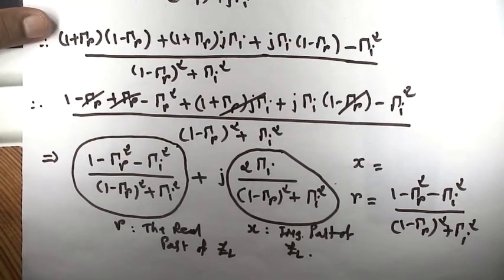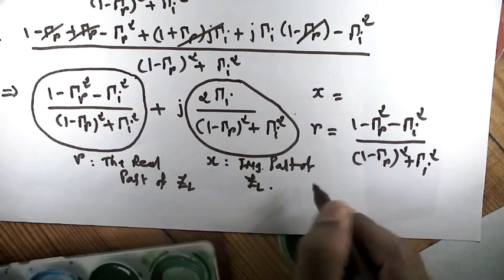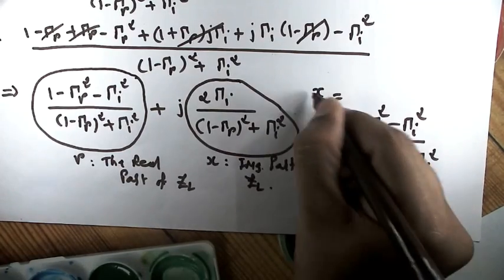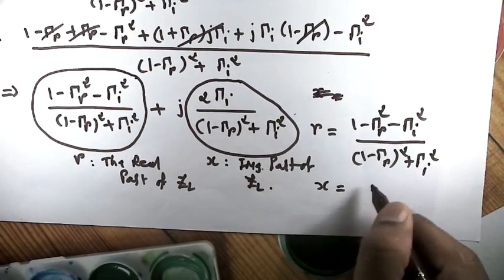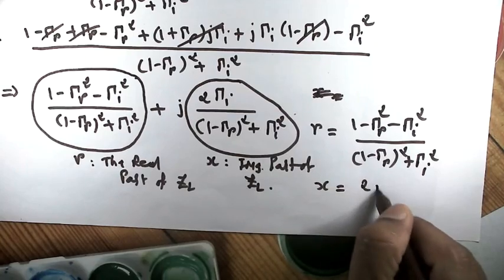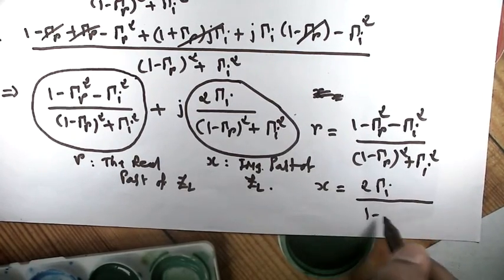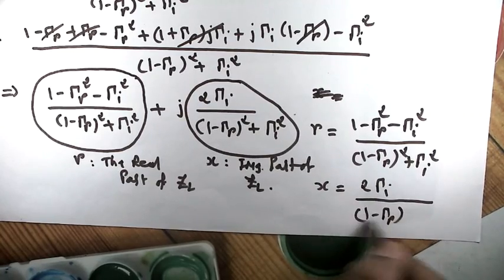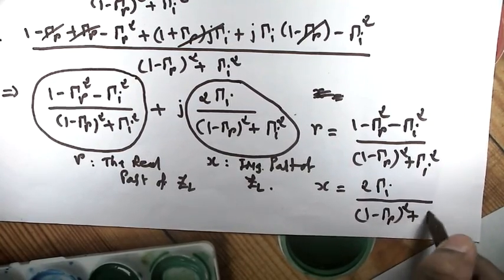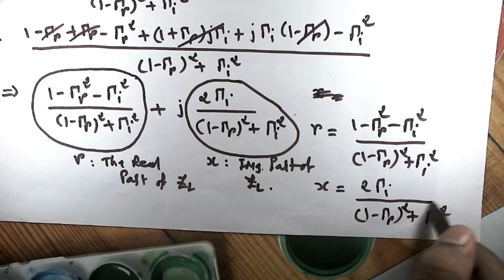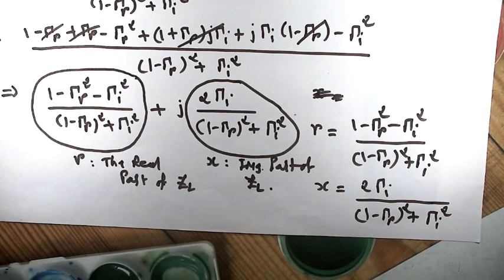Same way I can write x equal to 2 sigma I divided by 1 minus sigma r whole square plus sigma I square. So you can see that now once again we have an equation in terms of r and x, but it still doesn't look like a circle equation.